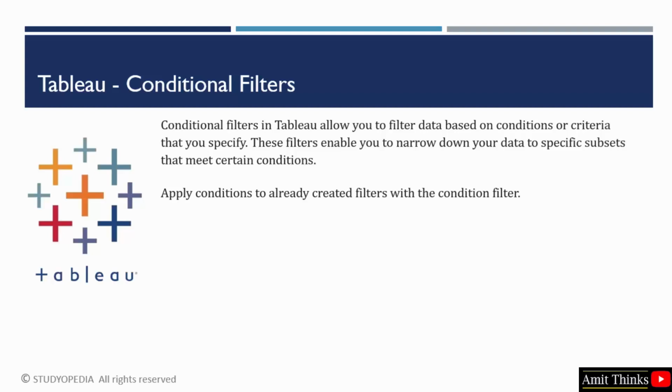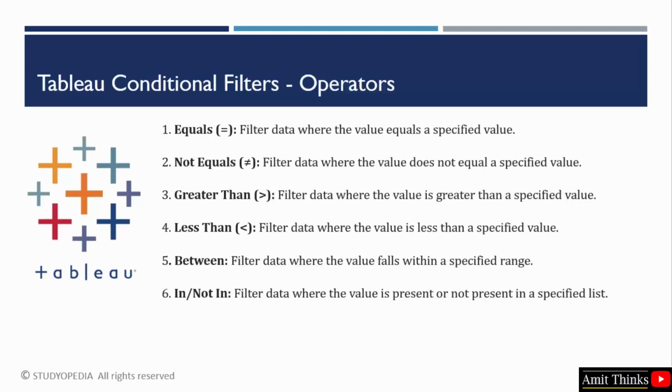So you can filter your data based on specific conditions or criteria, and this will allow you to create more dynamic and flexible visuals. Now let us see the operators under conditional filters. Equals, not equals. If you want to filter data where the value equals a specific value, then use the equals operator.